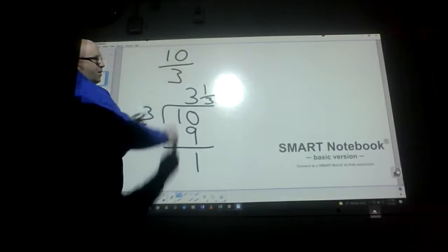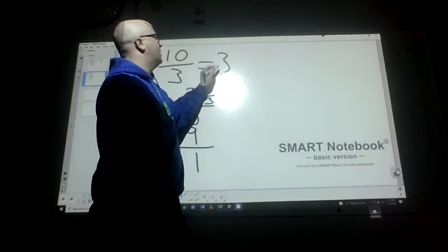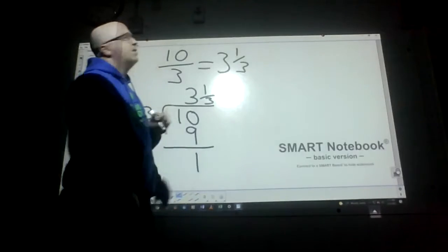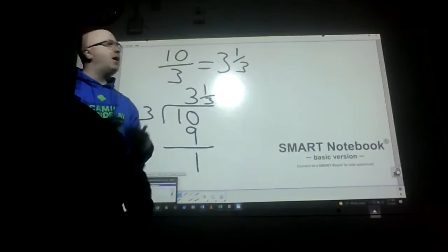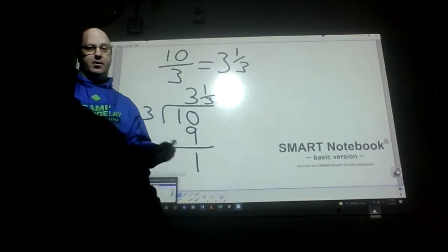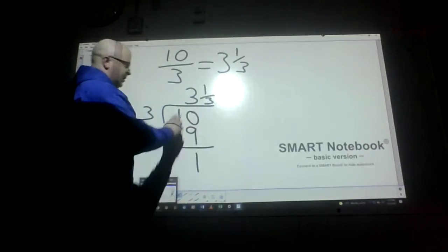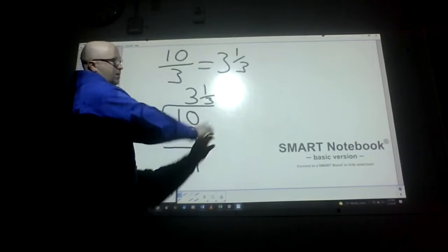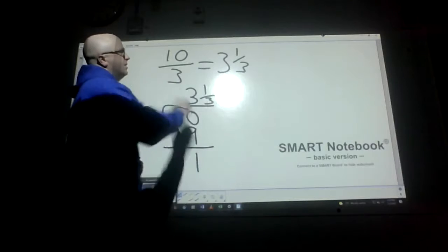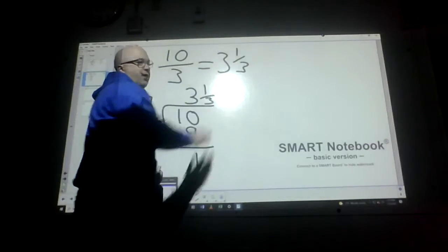So 10/3 is equal to 3 1/3. So anytime you have an improper fraction and you need to change that to a mixed number, all you do is the division. 10 divided by 3 gives us 3. We'll end up with 1 left over. So 10/3 is equal to 3 1/3.